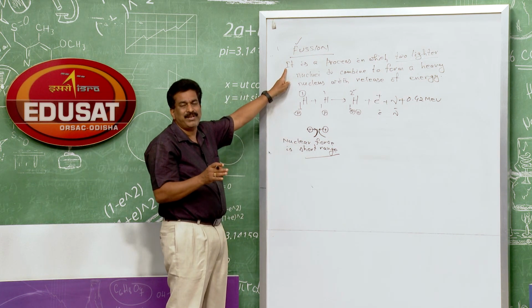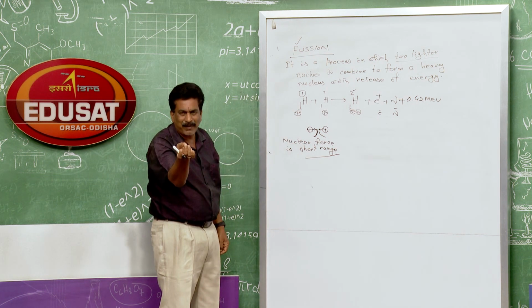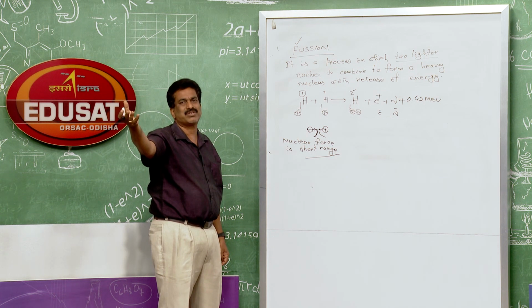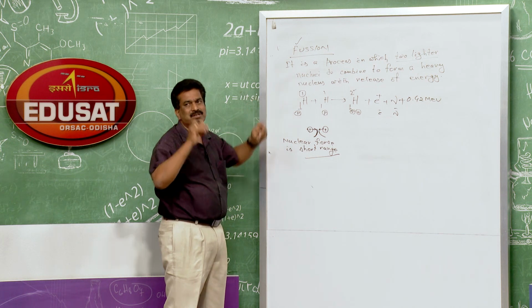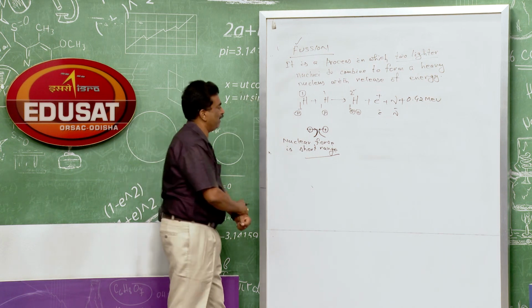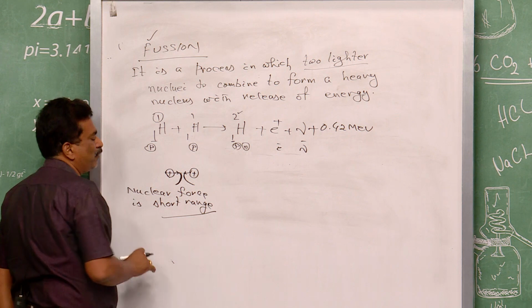As for the fusion one, if we give thermal energy, then the reaction will start. But for fusion, it will not start directly. So what do we have to do?